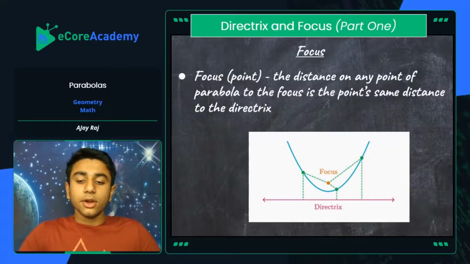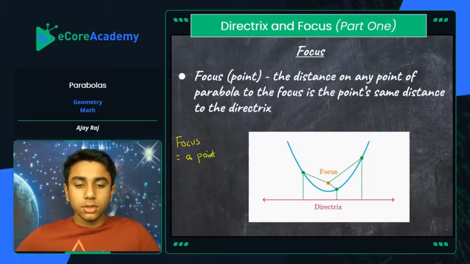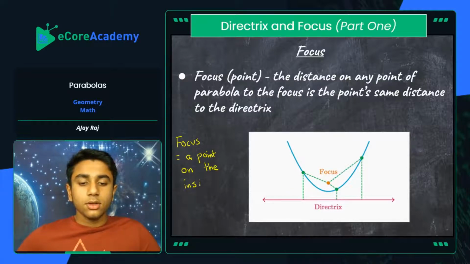If we take a look here, the focus is a very unique property of a parabola. I'll write it down here. The focus is basically a point on the inside of a parabola.